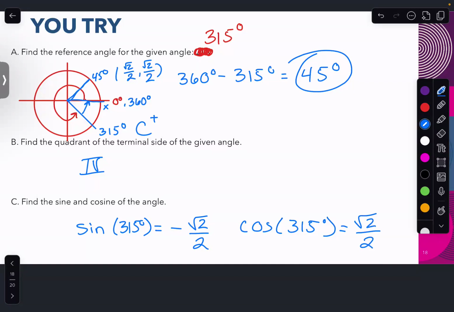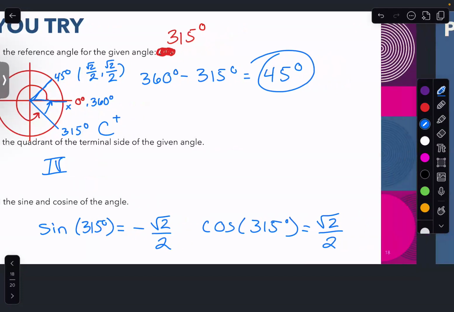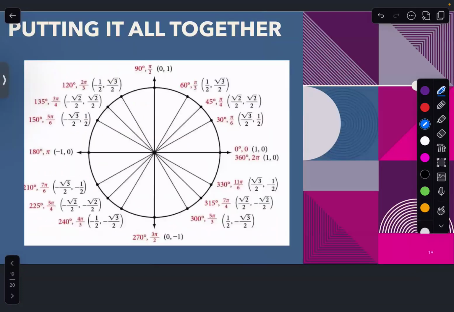All right, that is all for today. I hope that you guys had a good understanding of this. I want you to begin now looking at this in terms of relationships, reference angles, what are similarities, what are differences, and even if you start memorizing it, that's great. But you don't have to worry about memorizing the whole thing.